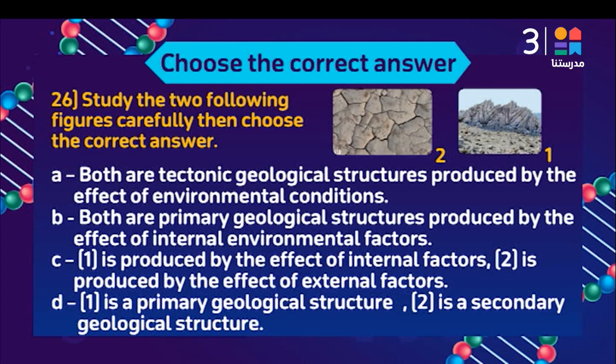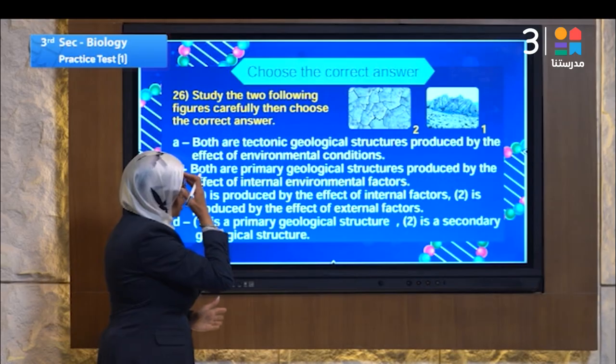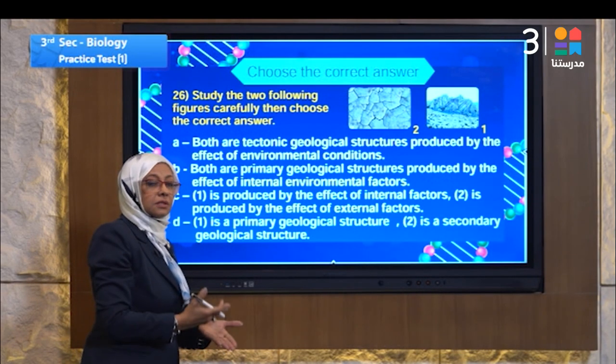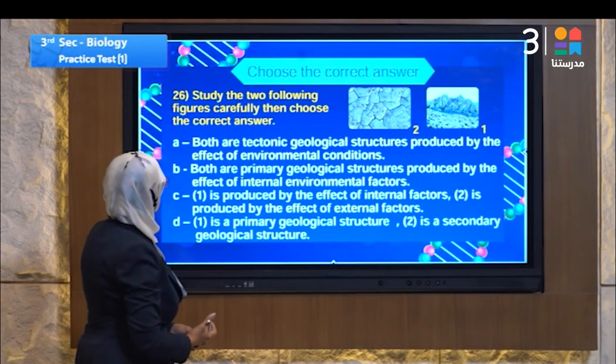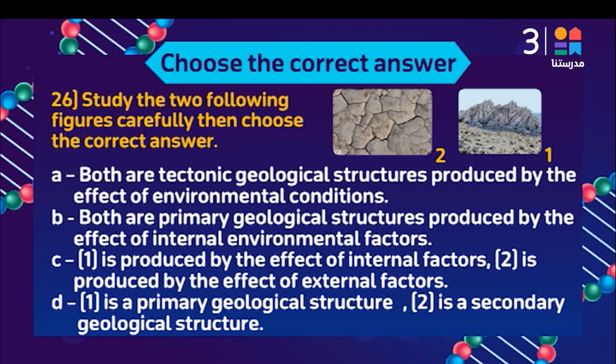Oh, 26 has 2 pictures. We must study the picture or the figure if they are found in the question. There are 2 pictures, 1 and 2. Let's read the question and study the figures. The question says study the 2 following figures carefully, then choose the correct answer.